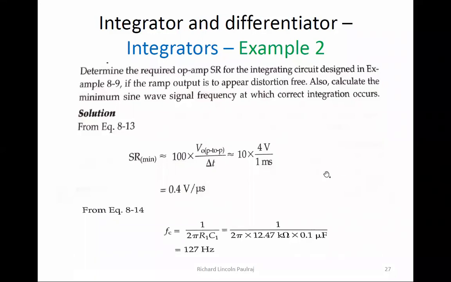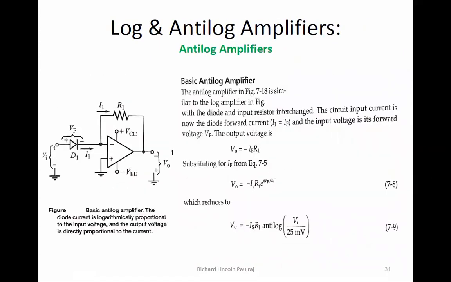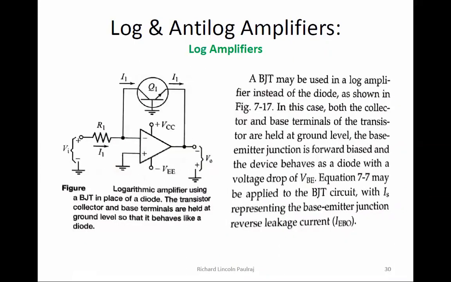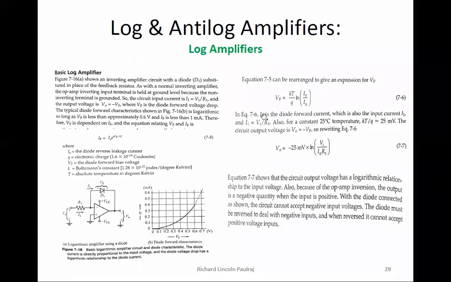Now let us continue our discussion with the log and anti-log amplifiers. We had seen log amplifiers and how they implement a logarithmic function, and we are using this KT by Q value, which was giving us about 25 millivolts.